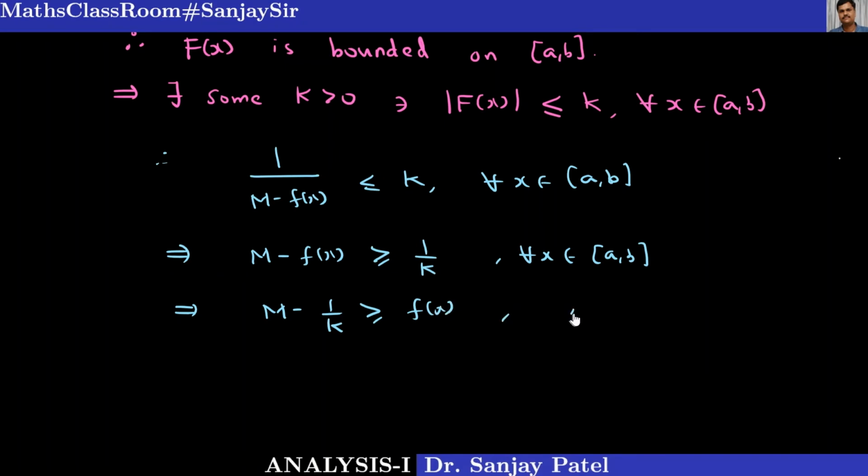This is true for every x in closed interval [a, b]. So we can write it in a different form: f(x) is less than or equal to M minus 1 upon k for every x belongs to closed interval [a, b].